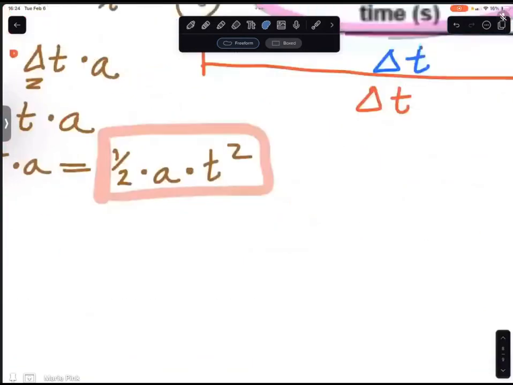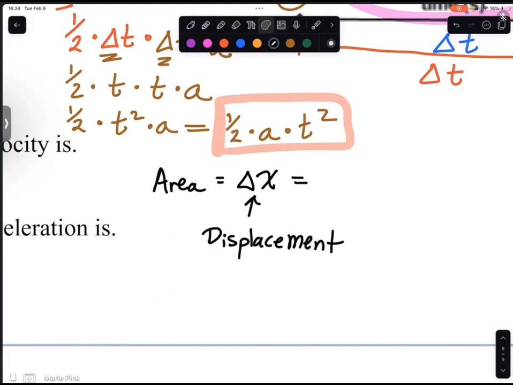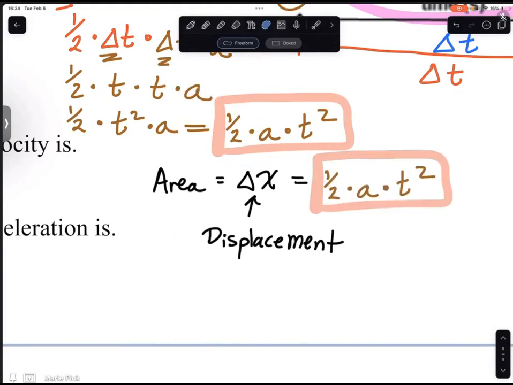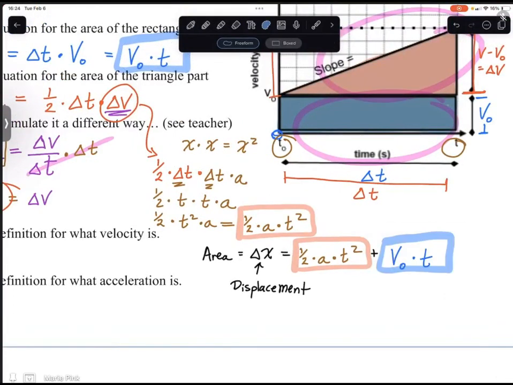Well, all right, so we have then how far it went, or the area, which is your change in position or displacement, is equal to this 1/2 a t squared plus the rectangle, the area of the rectangle, because you are going at a certain speed.